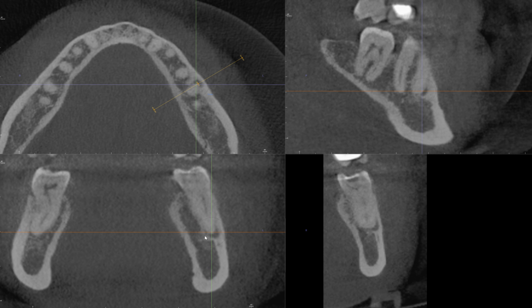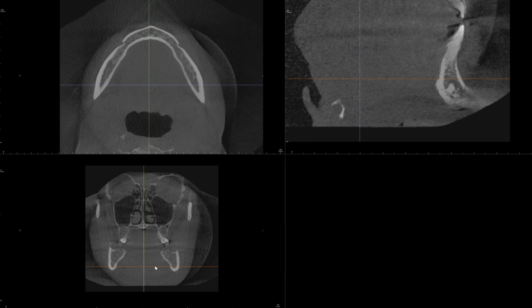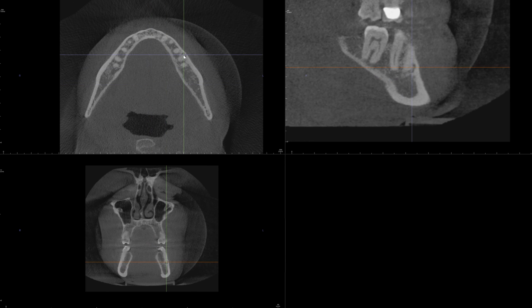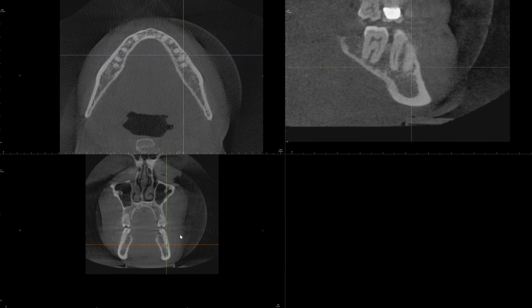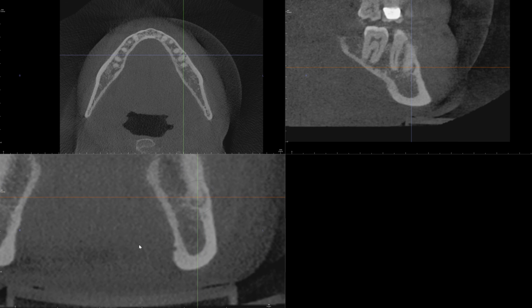So now we're going to fast forward a year and a half, and this is a scan that was recently taken just a few days ago. So I'm going to go to the area of interest and zoom in on the area.